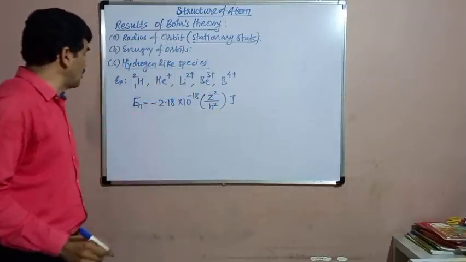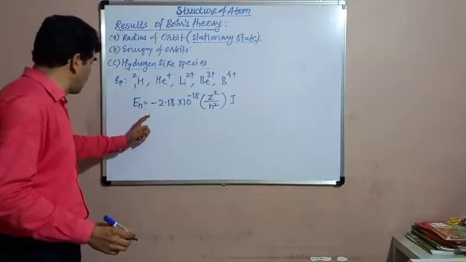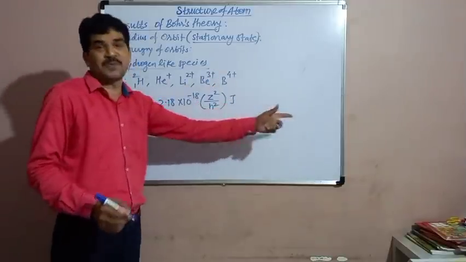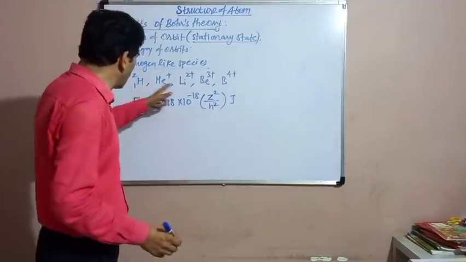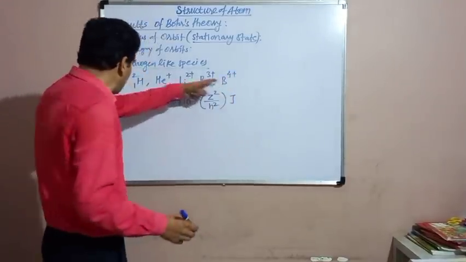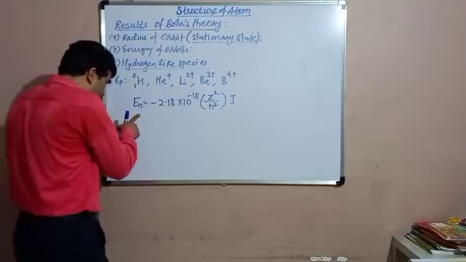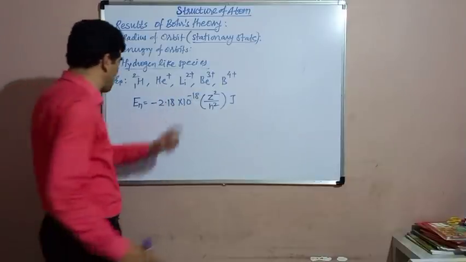This is the formula to calculate the energy of any orbit in the hydrogen-like species.